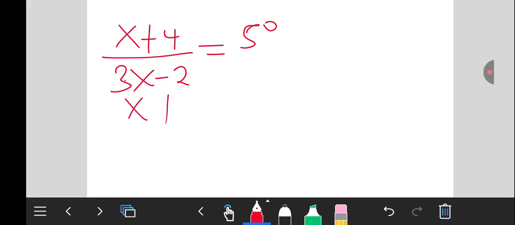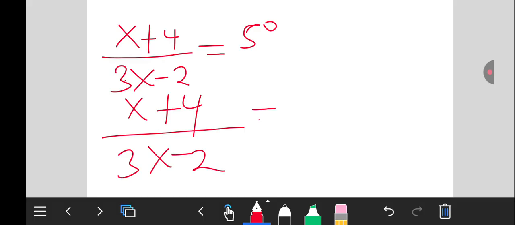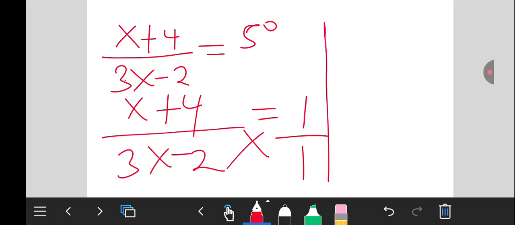So we have x plus 4 over 3x minus 2. 5 raised to the power 0 is just 1. We say over 1 there, we cross multiply. So what we are going to have is x plus 4 multiplied by 1, it is just x plus 4, is equal to 3x minus 2 multiplied by 1, it is just 3x minus 2.